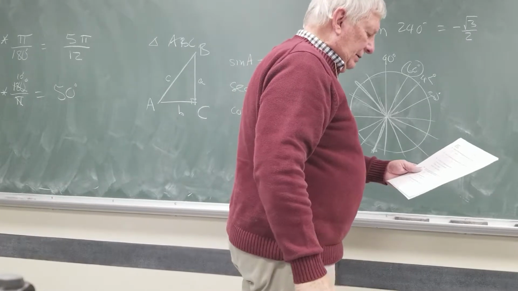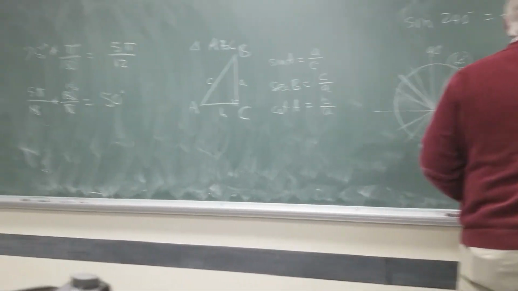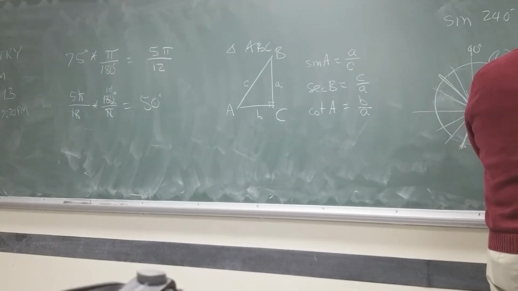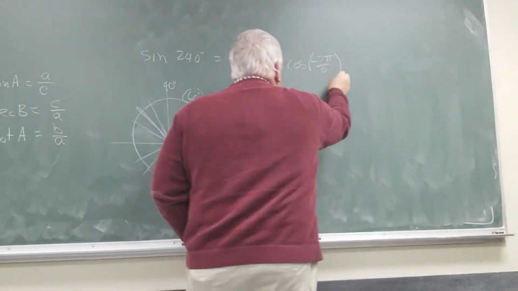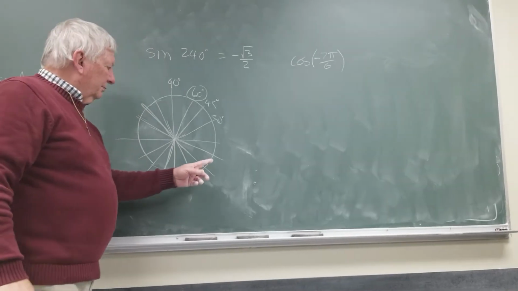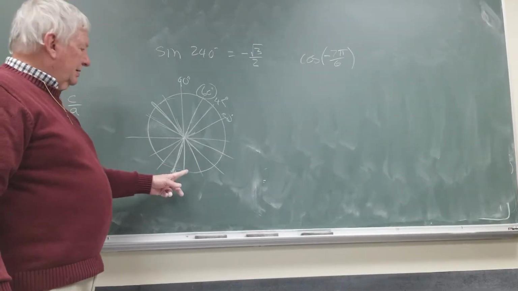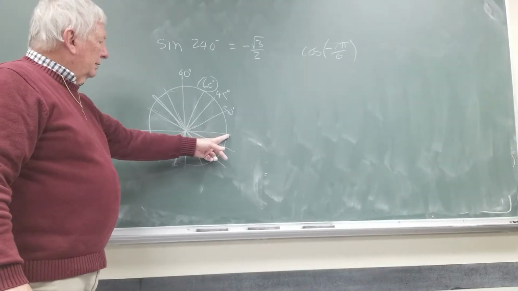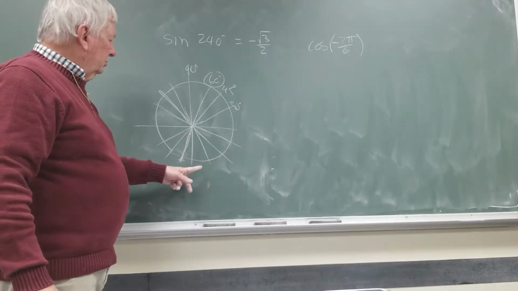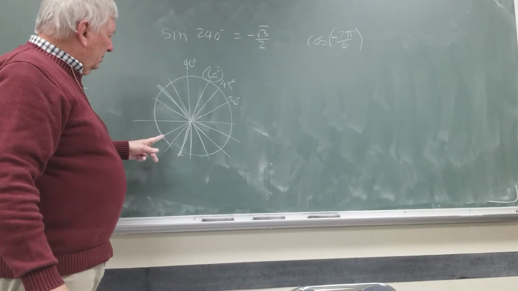Next angle says cosine of negative 7 pi over 6. Okay, minus pi over 6, minus 2 pi over 6, minus 3 pi over 6. Oh, I miscounted. No, I didn't. 1, 2, 3. Somewhere I've lost the plot.